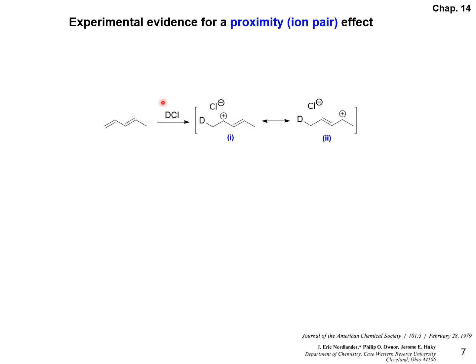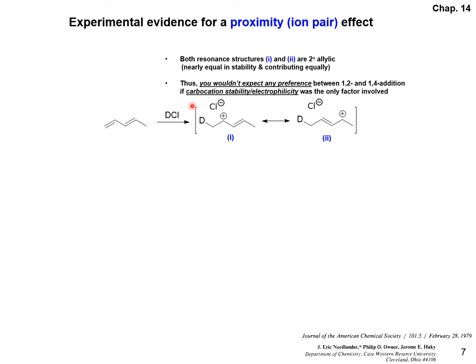So by using DCl, they end up with a carbocation that actually has two different resonance structures because of this deuterium label. Both of these, regardless of the presence of the deuterium, are of roughly equal stability. They're both secondary allylic carbocations.